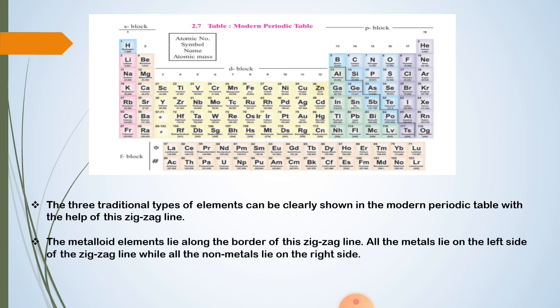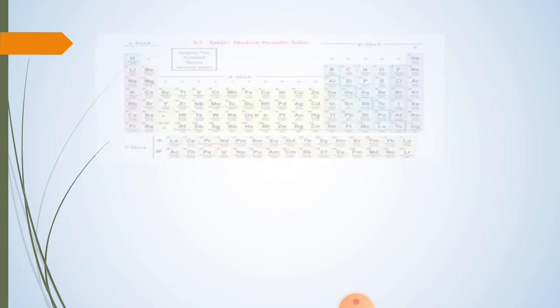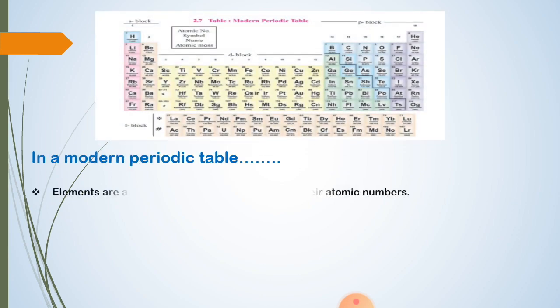The metalloids lie along the border of the zigzag line. All the metals lie on the left side, while all the non-metals are on the right side.